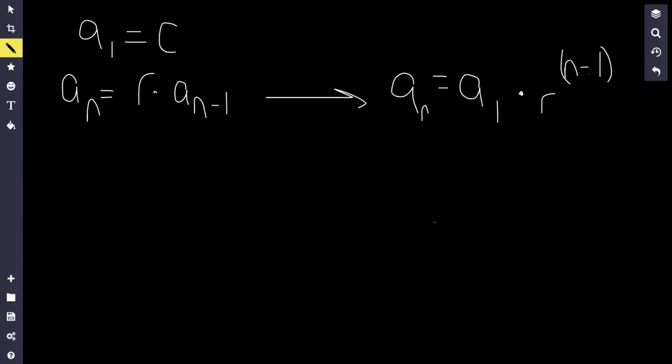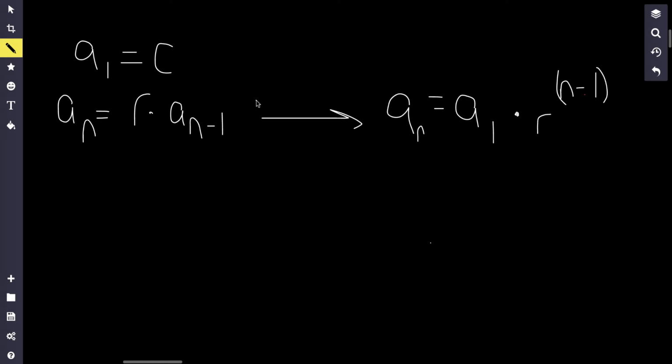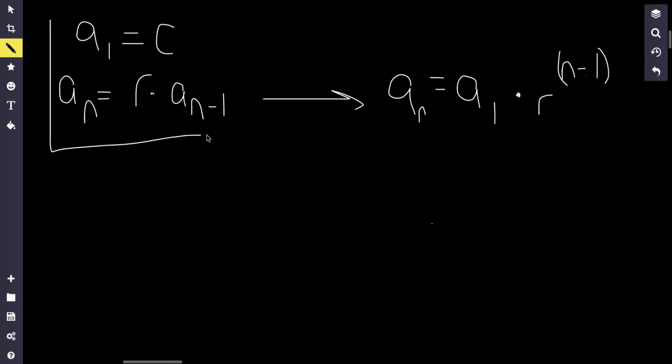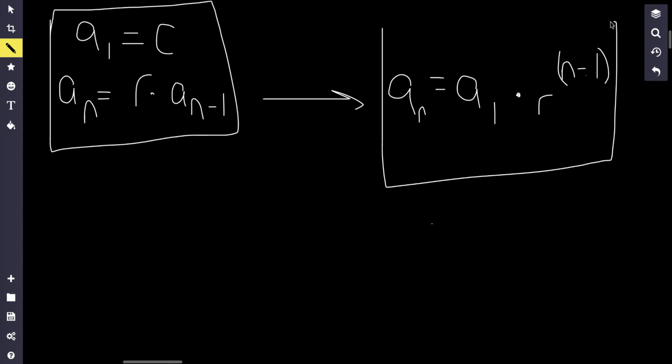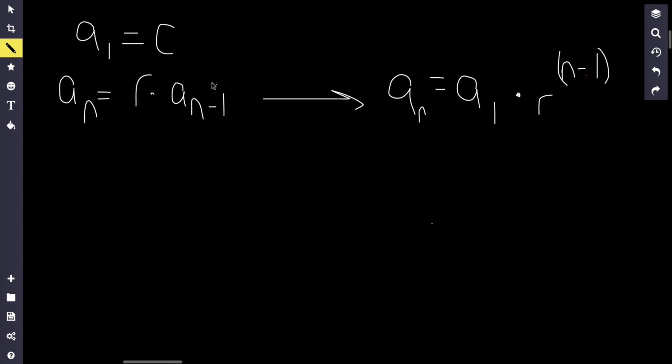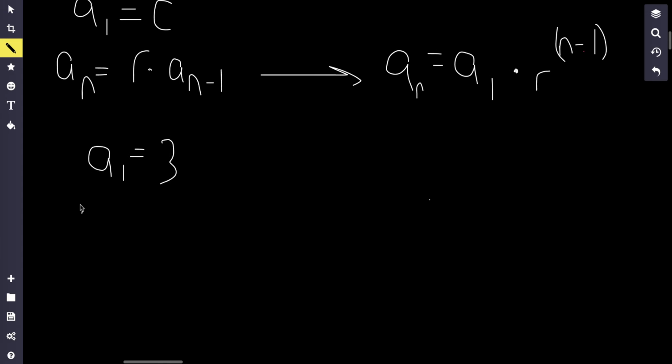You can use this formula for geometric sequences. So to convert from recursive to standard geometric sequence, you can just use this formula. For example, if my first term is equal to 3, and let's say a sub n is equal to 2 times a sub n minus 1.